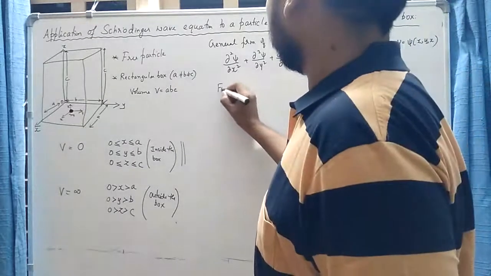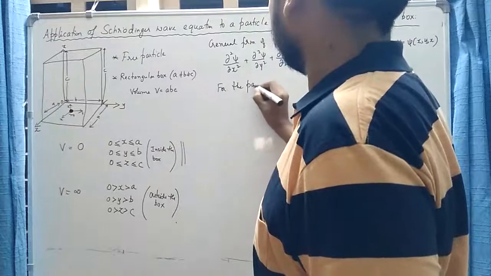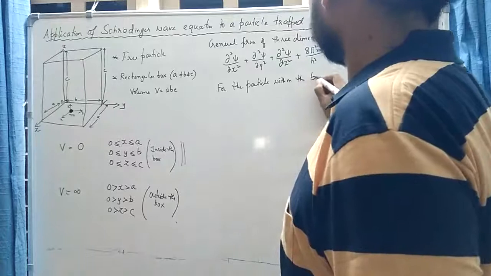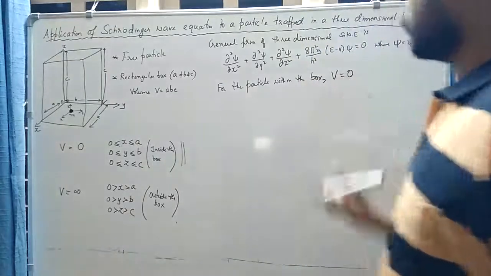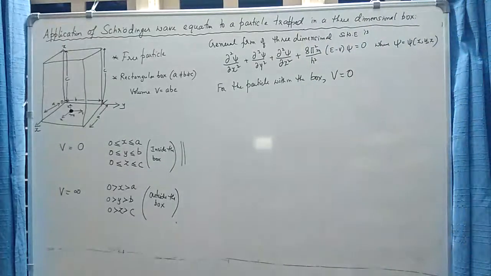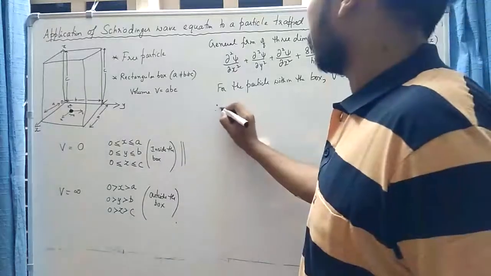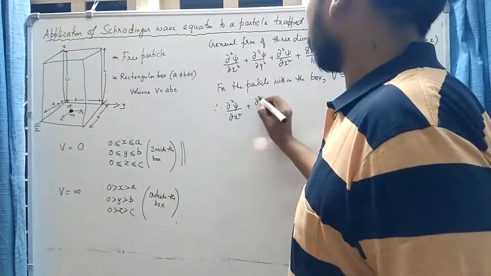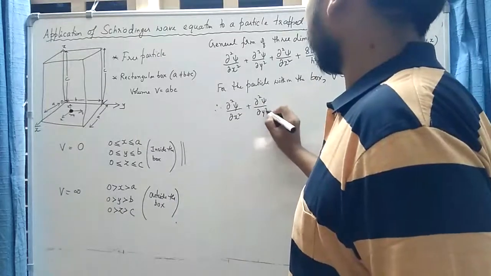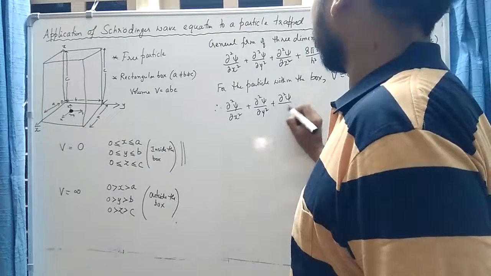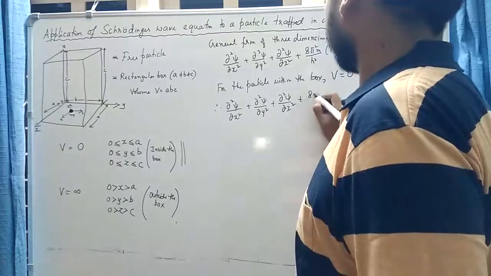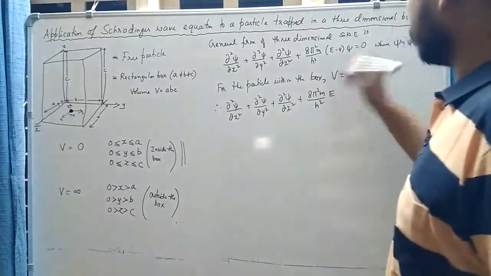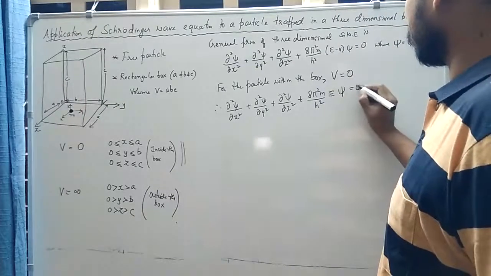Therefore, for the particle within the box, the potential energy V is equal to 0. Therefore, ∂²ψ/∂x² + ∂²ψ/∂y² + ∂²ψ/∂z² + (8π²m/h²)(E − 0)ψ = 0.